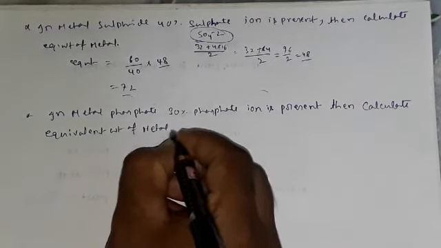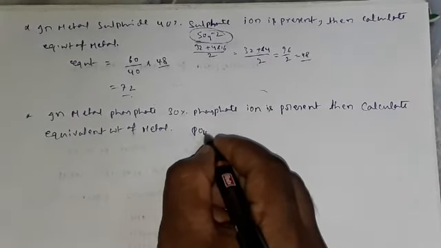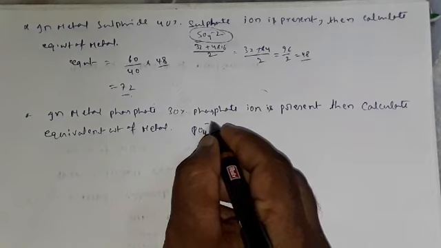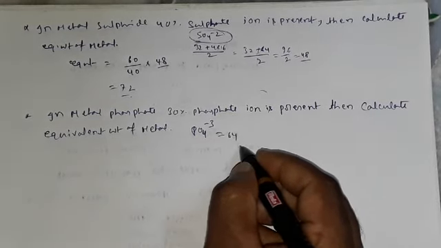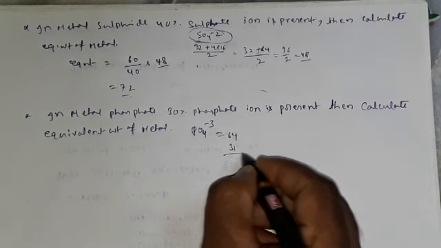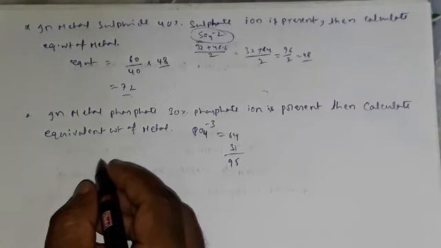In this case, phosphate PO4 3 minus is 64 plus 31, that is 95.